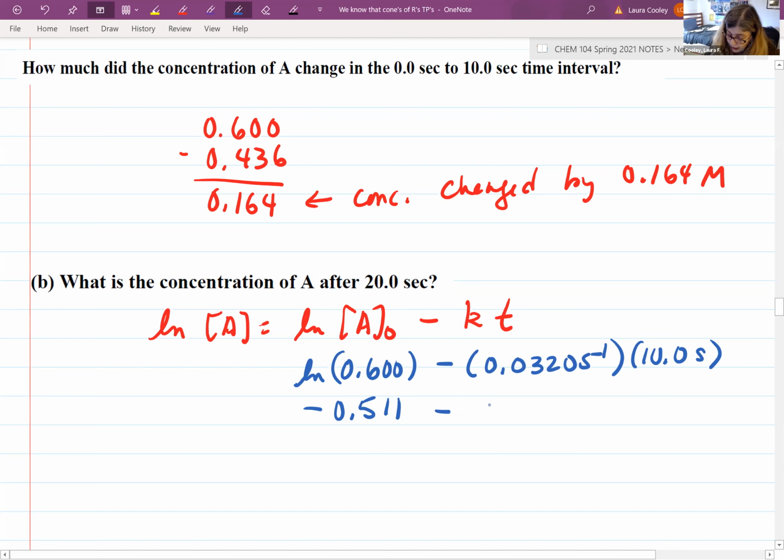So this is again minus 0.320. Wait a minute. Oh, sorry, this is 20. That's why it's not the same. Sorry about that. So that comes out to 0.641. Okay. All right, so now add those two up. What do you get?